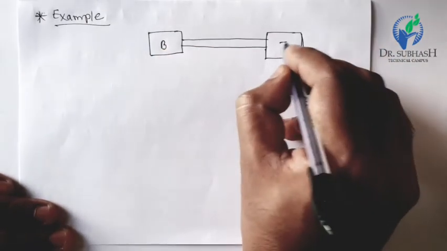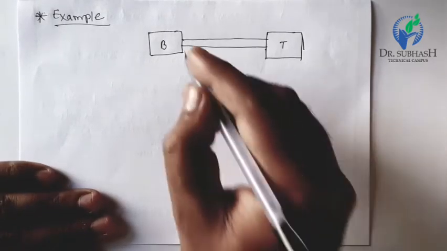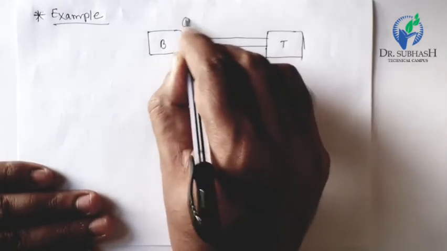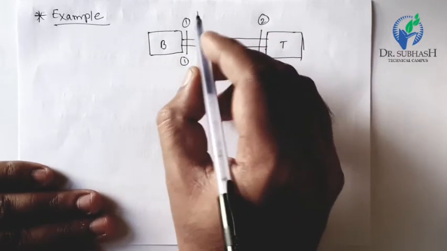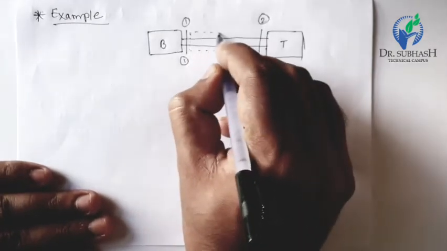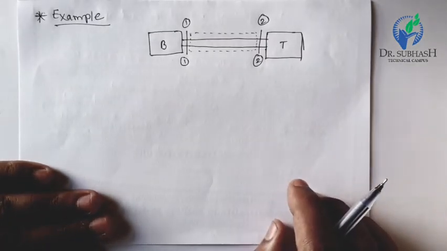This is the boiler and this is the turbine. Here is section 1-1 for this problem, and this is section 2-2, and our consideration is within this boundary, or we can say this is our control volume.